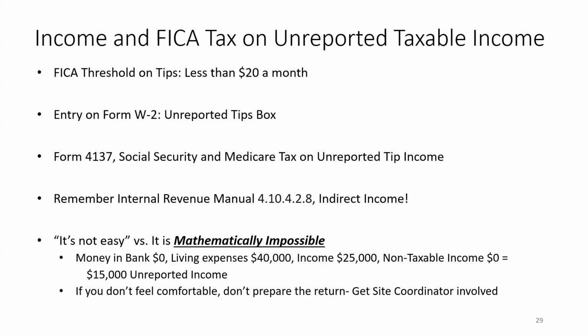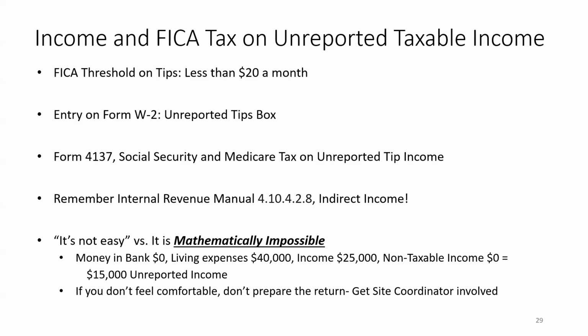And I've heard this a lot. They go, well, it's not easy. I'm thinking, well, hold on a second. I'm a trained accountant. That means that's mathematically impossible. The example is no money in the bank, living expenses of $40,000, income of $25,000, and non-taxable sources of income of zero. The delta there is $15,000. And that means something's wrong.